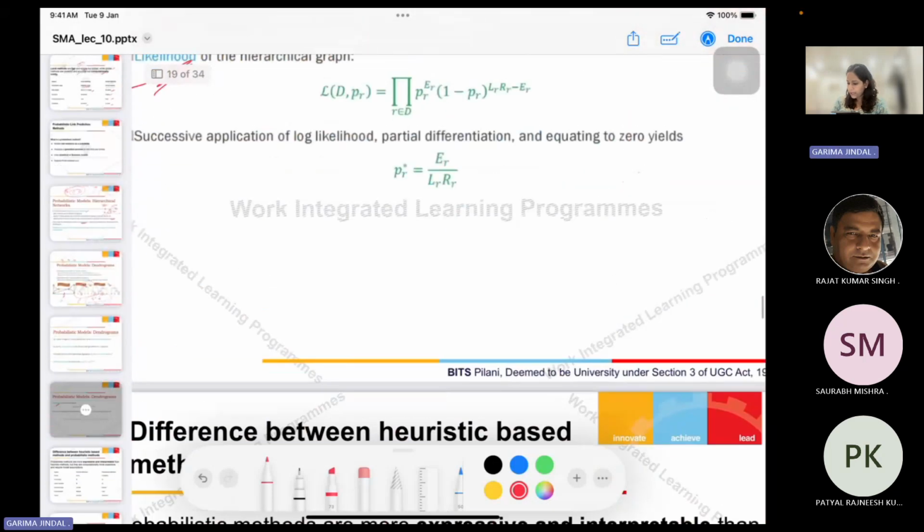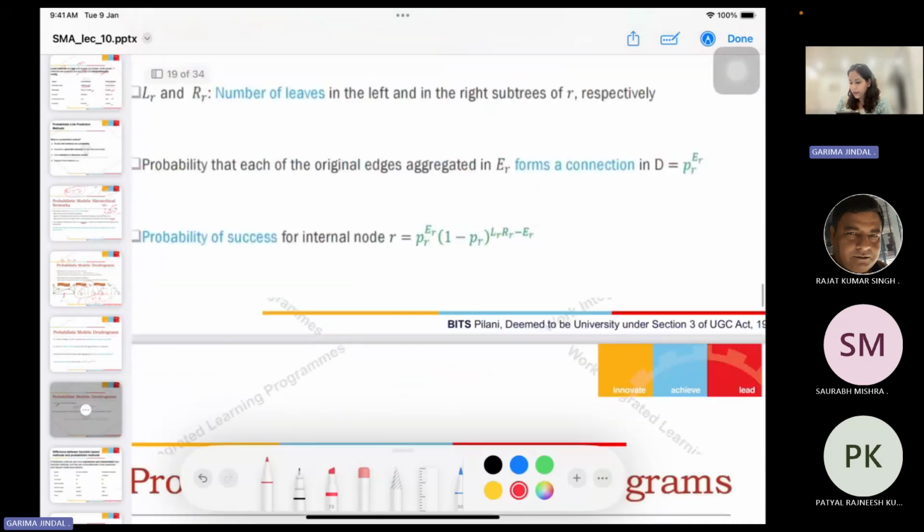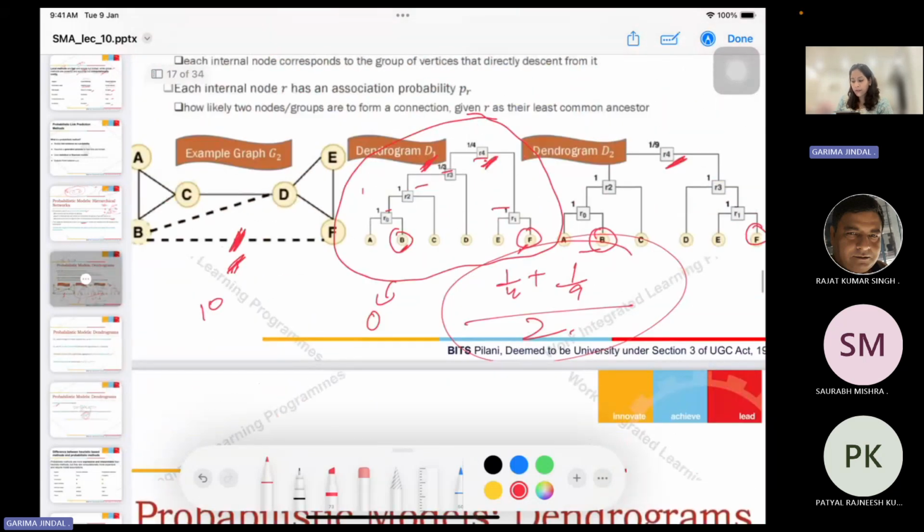So this is the formula for likelihood. This can also be written as this, that we have already calculated. You have to multiply all the probabilities of internal nodes. That will give you the likelihood of that dendrogram.